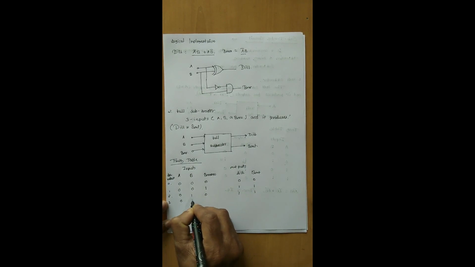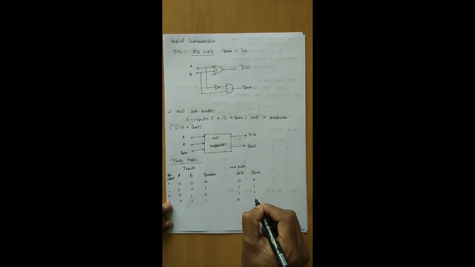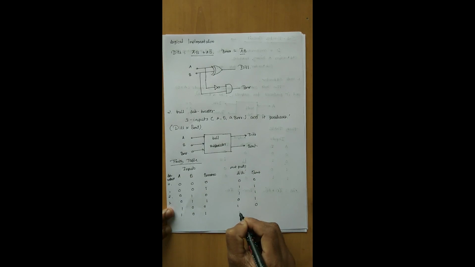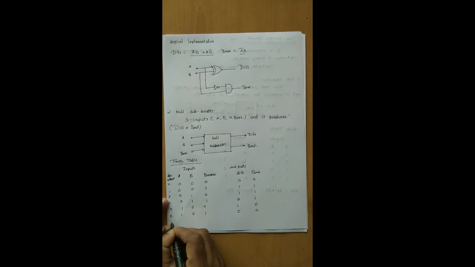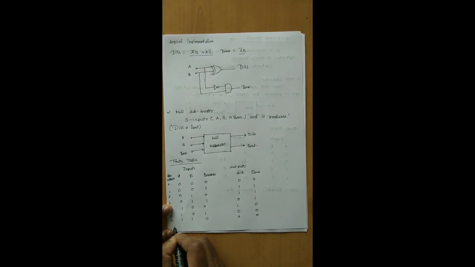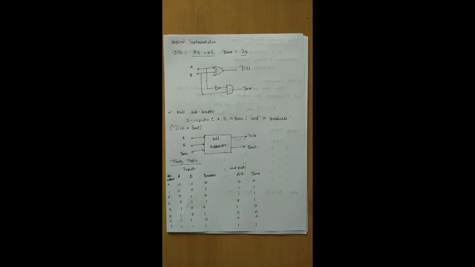For 3, the input combination is 0 1 1 and the outputs are 0 1. For 4, 1 0 0, the outputs are 1 and 0, and for 5, 1 0 1, both are zeros. For 6, 1 1 0, both are again zeros, and for 7, 1 1 1, both are 1 1. This is nothing but binary subtraction of three inputs.